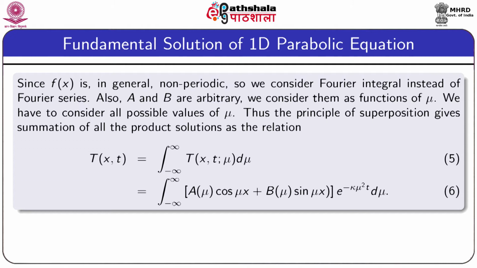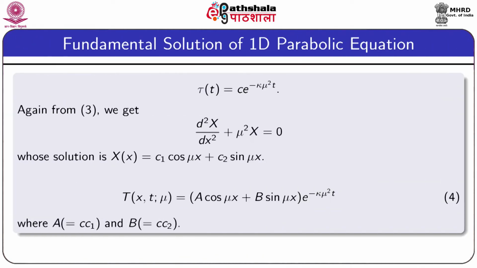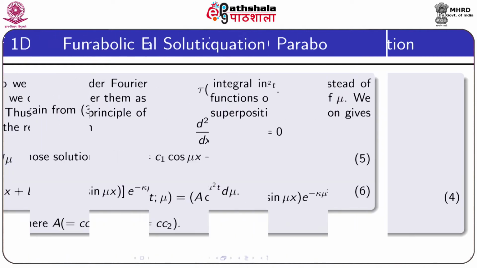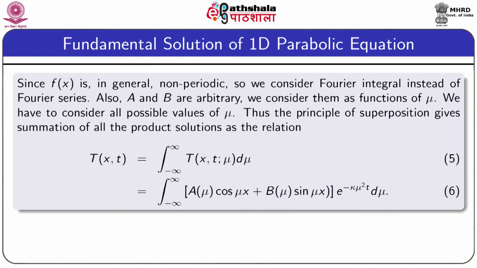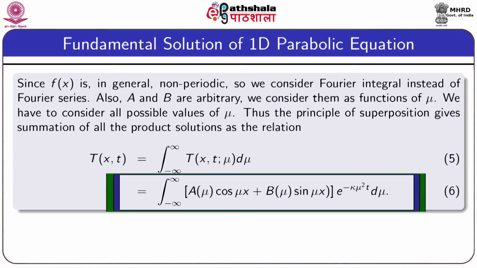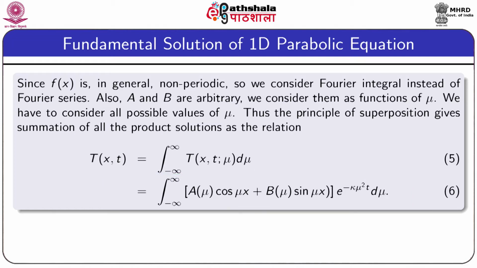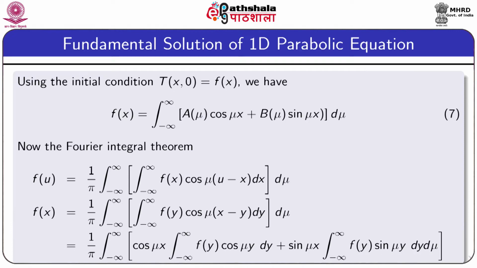Now, substituting the value of capital T from equation 4, we get capital T at (x, t) equals the integration from 0 to infinity of [a(mu) cos mu x plus b(mu) sin mu x] into e to the power minus kappa mu square t d mu.